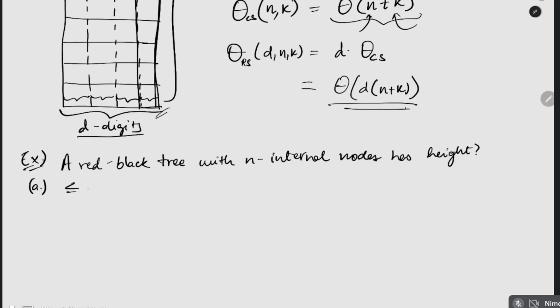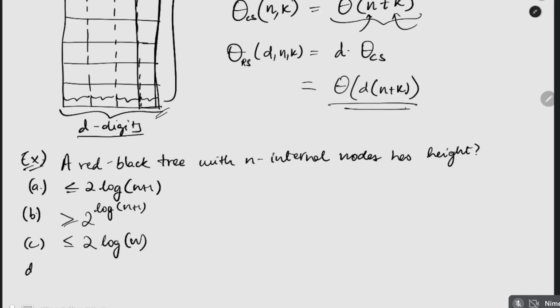Right, so it is less than equal to 2 log n plus 1, greater than equal to 2 to the power log of n plus 1. It is less than equal to 2 log n, or is it just less than 2 to the power of log n?